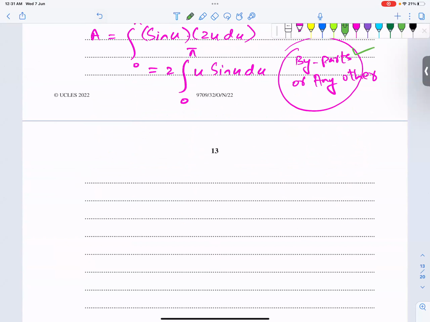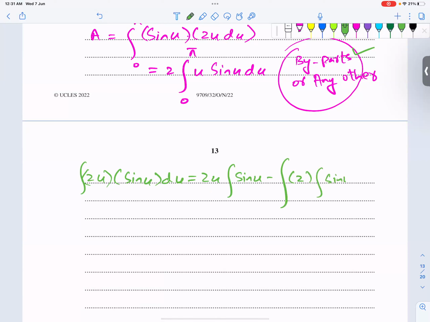I'm considering 2u as the part to differentiate, and sine u will be taken in the integral. So 2u times the integral of sine u, minus the derivative of 2u, which is 2, times the integral of sine u du.